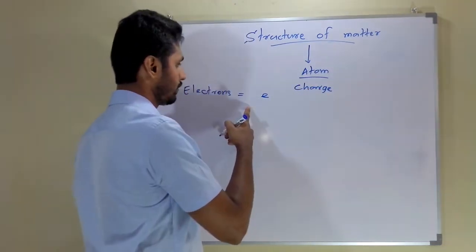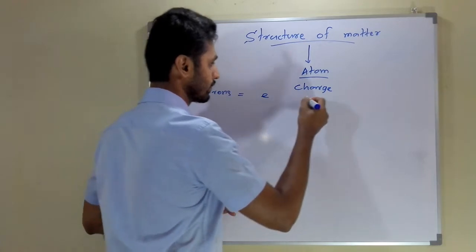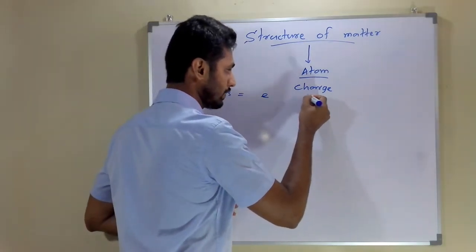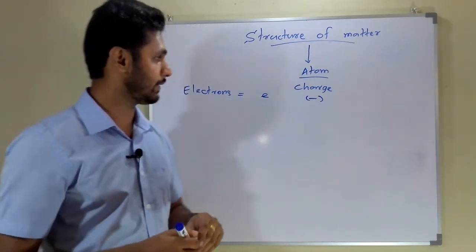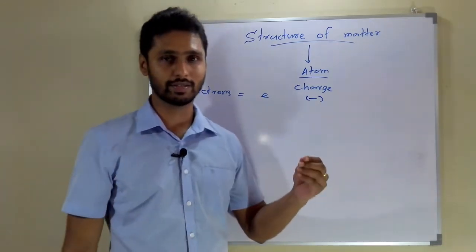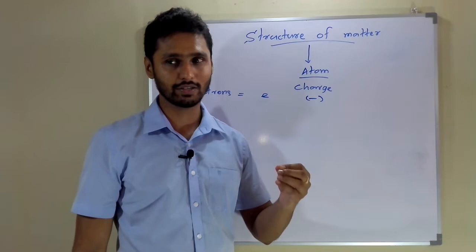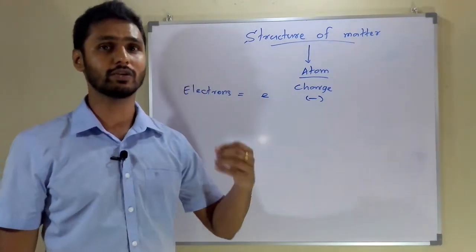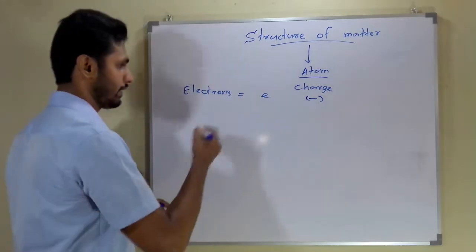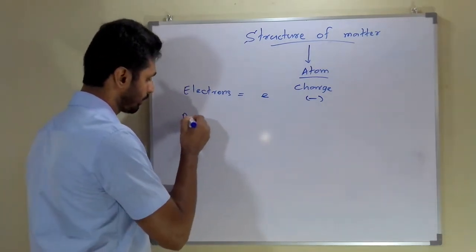Charge of electrons is negative. So sometimes you can say that the charge of an electron is -1.